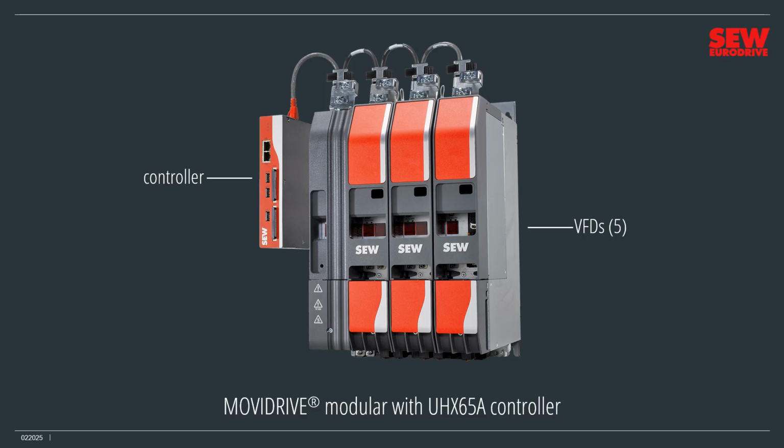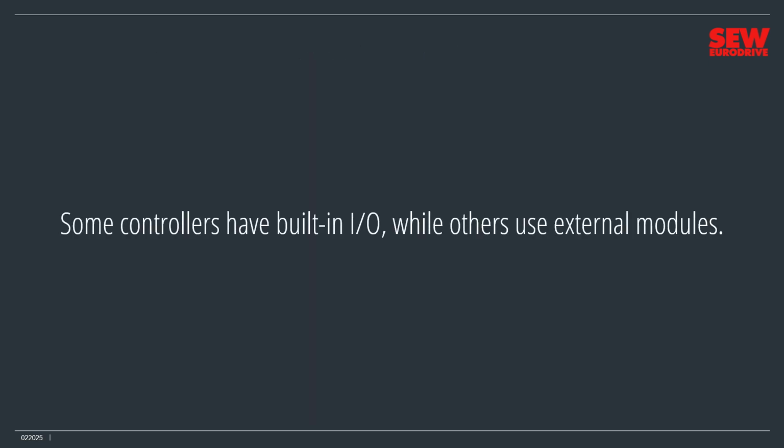The controller communicates with them over a field bus, which SEW calls a system bus since it links its devices into a powerful system. SEW Eurodrive's Movi-C system bus goes by the name S-Bus Plus. Some controllers have built-in I/O, while others use external modules like those found on modular PLCs.